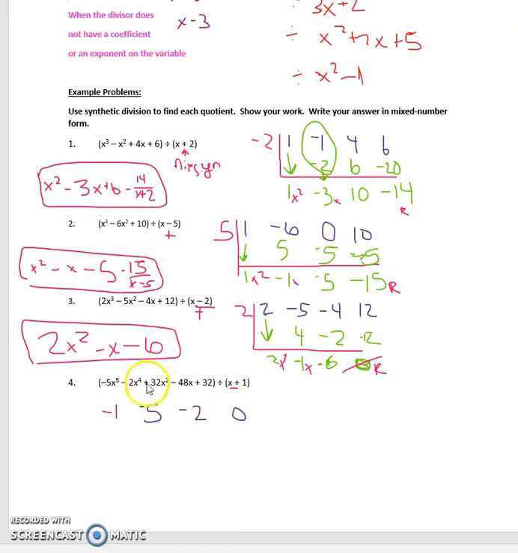We don't have an x cubed. Plus 32, minus 48, and plus 32 again. Okay, not to do, just to write. Make sure you leave some space for your work.